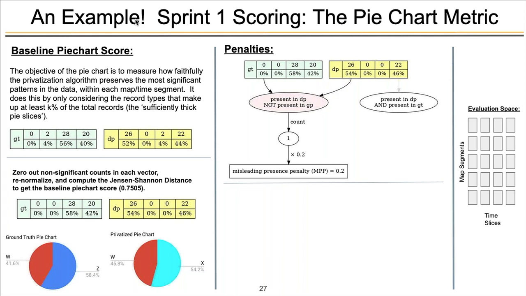If I'm trying to use a privatized pie chart and it says X is super frequent in some neighborhood where it's not, say X is elopement, everybody's eloping all of a sudden in Southeast Baltimore, that data is much less useful than it was before. So, misleading presence penalty: anytime they make a slice appear as frequent in the privatized data that was not in the ground truth data, we give them a significant penalty. We basically drop them a letter grade.